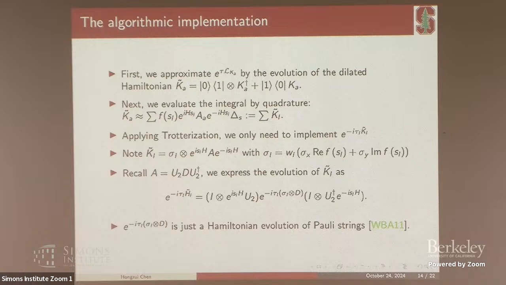So this is just a Hamiltonian evolution of a Pauli string, and it can be implemented efficiently. In particular, we can do some Pauli rotation to rotate each Pauli to the Z basis, and then it's just a diagonal thing, and there are some efficient methods to do this.